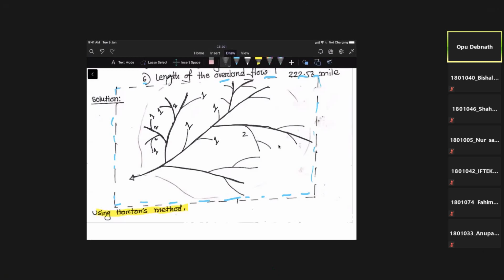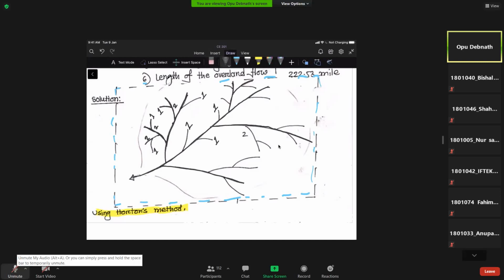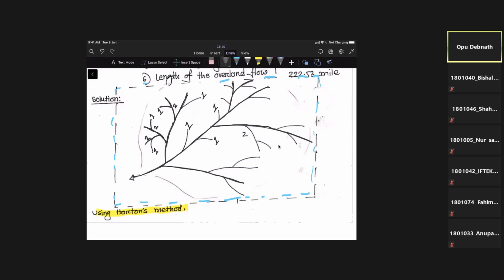Now actually we have to change the order, because if this is two and a second order stream is meeting at this point, then we were wrong, this is actually three. That means this is third order and this is second order, then 2 to 1, and this is a single stream. If this is third order and this is second order, then this straight portion will be 4. Clear?